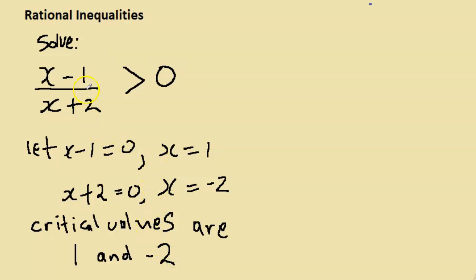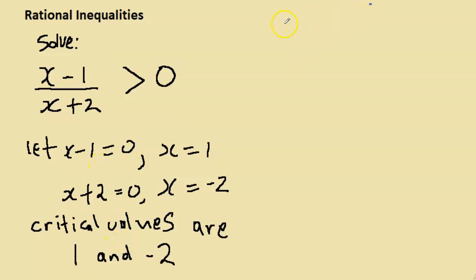You look and say, okay, what value of x would make the numerator 0, and that value is 1, because if x is 1, you'll have 1 minus 1, and then the numerator will be 0. And to get the other critical value, we see what value of x would make the denominator 0, and that value is minus 2, because minus 2 plus 2 gives us 0. So negative 2 will make the denominator 0, and so our critical values are 1 and negative 2.